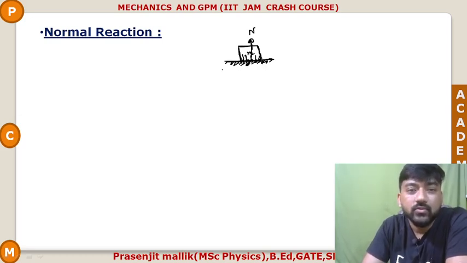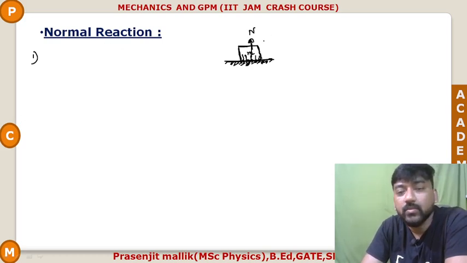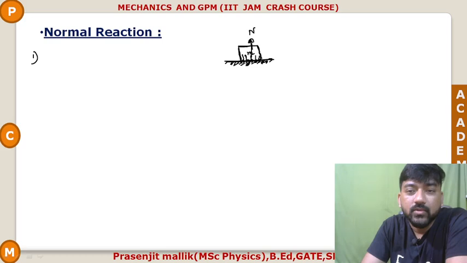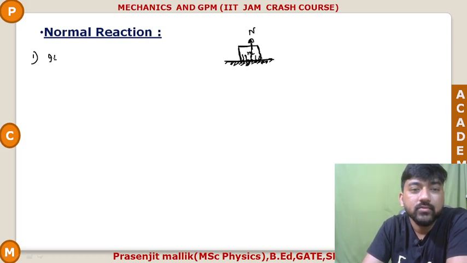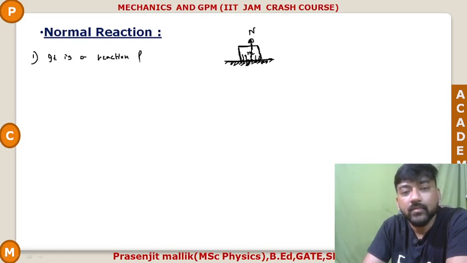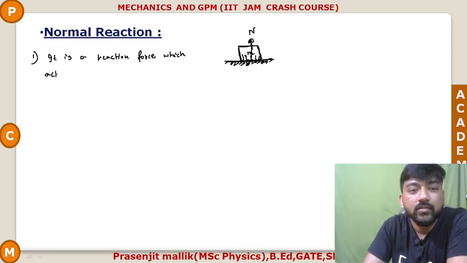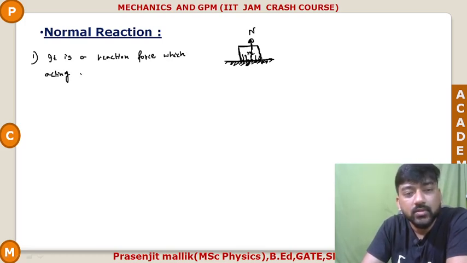Okay, you can write here, if you talk about what a normal reaction is, so normal reaction is the reaction force which is normal to the contact surface. So it is a reaction force acting normal to the surface.